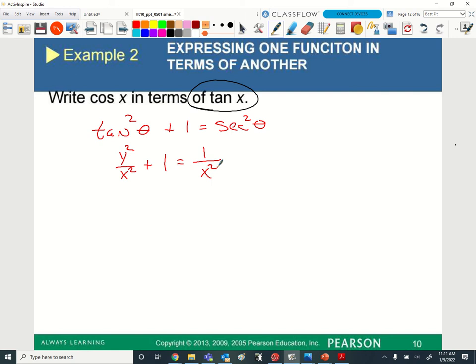Now, using this information, I'm going to go off to the side to show you: if on all my identities r is 1, cosine is always x over r, but r is going to be 1.